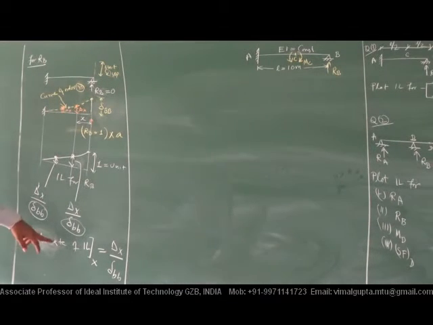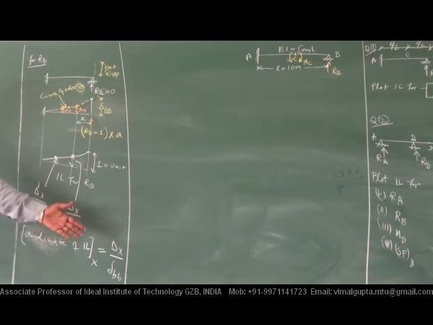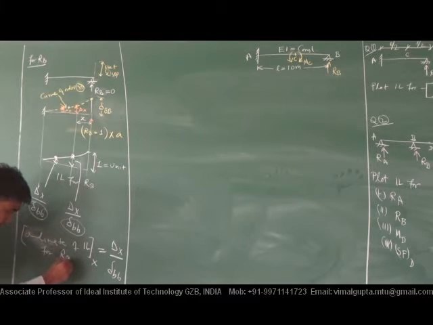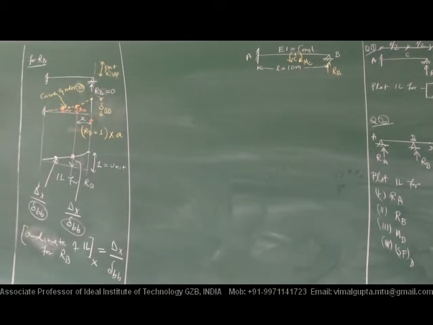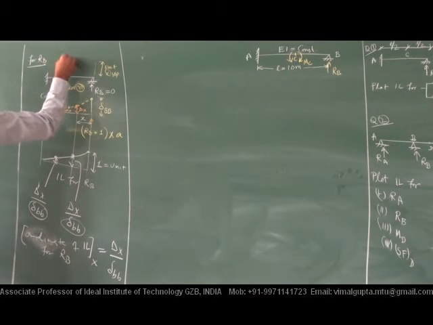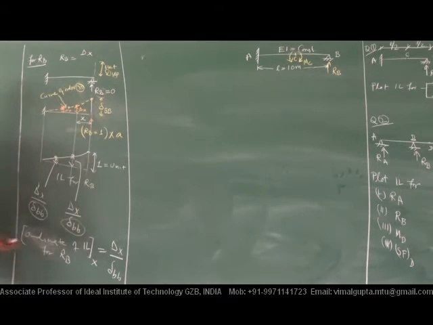So this is the ordinate of IL for RB. So the value of RB here can be written as del x by del BB, which is already written here.